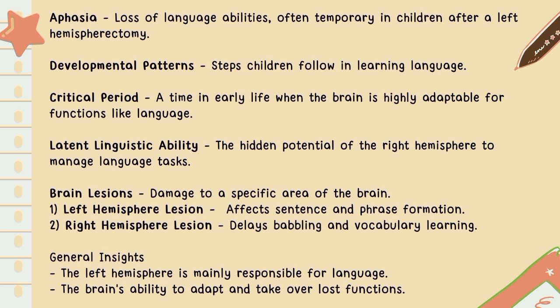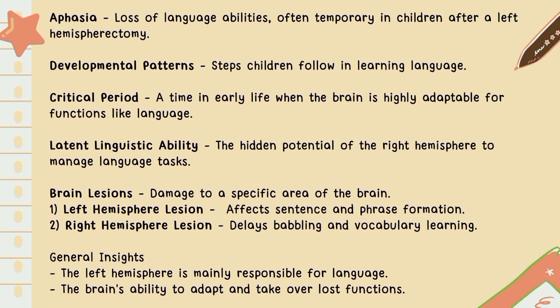Adults, however, usually cannot recover language after losing the left hemisphere. The critical period is a time in early life when the brain is highly adaptable for functions like language. Latent linguistic ability is the hidden potential of the right hemisphere to manage language tasks.